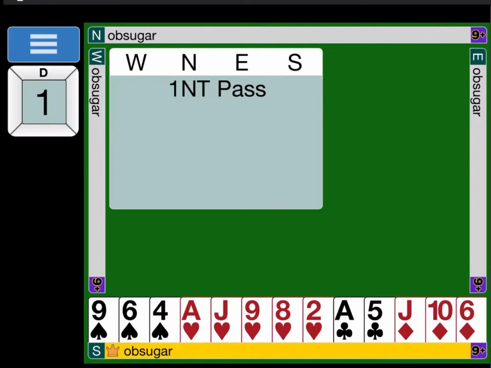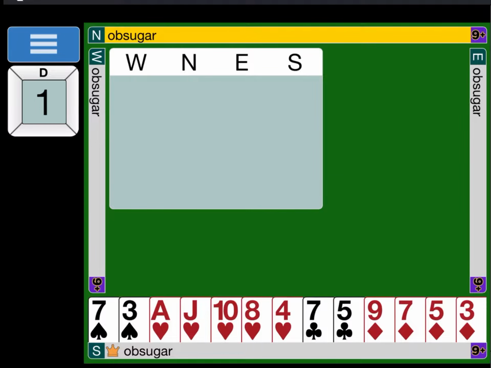So these are things that we want to do regardless of whether the opponents get involved with the bidding or not. Nothing really changes. We kind of discussed that last week. Our goals are still the same.